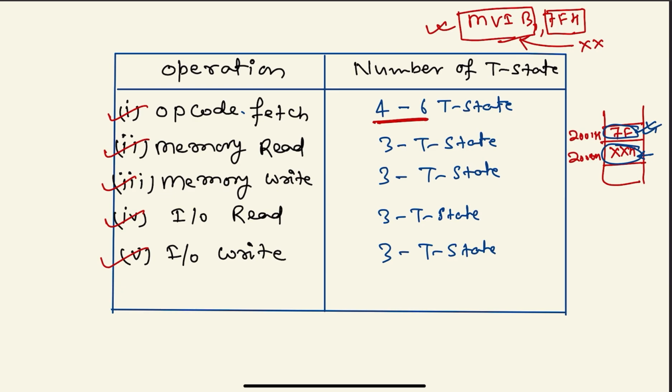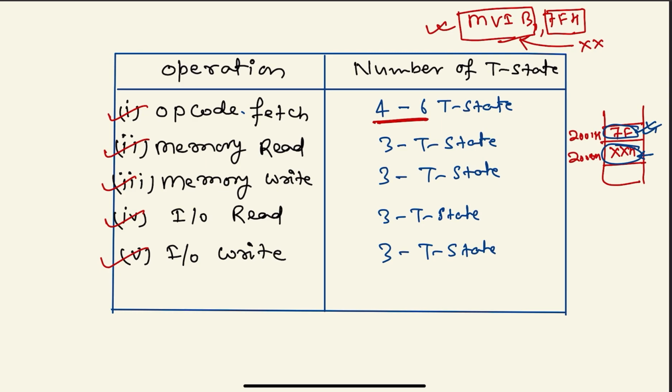So for opcode fetch operation there is a minimum of 4 and a maximum of 6 T states, and for the rest of the operations, whether memory read, memory write, IO read or IO write, it requires only 3 T states. All this data is required whenever we analyze a program to find out its overall execution time. So you need to remember this, and then we can easily find out the execution time of any instruction by knowing this table.